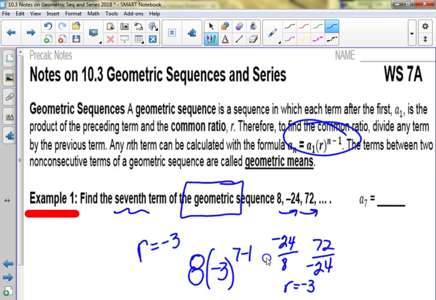I'm thinking it's going to be a pretty good size number, right? Well, if I could type, it would be 5832. Everybody? Anybody not getting that? We're good?